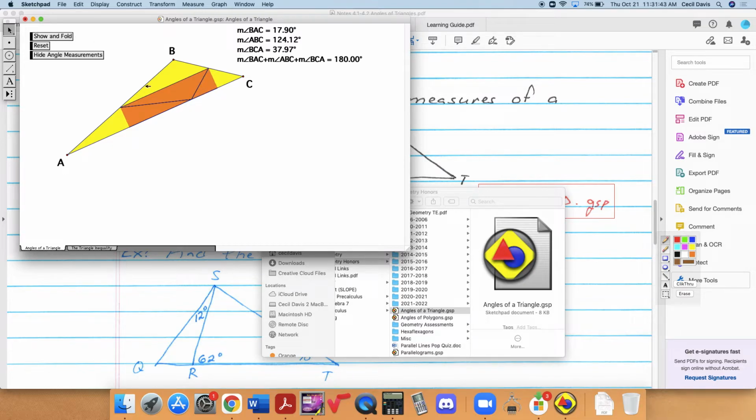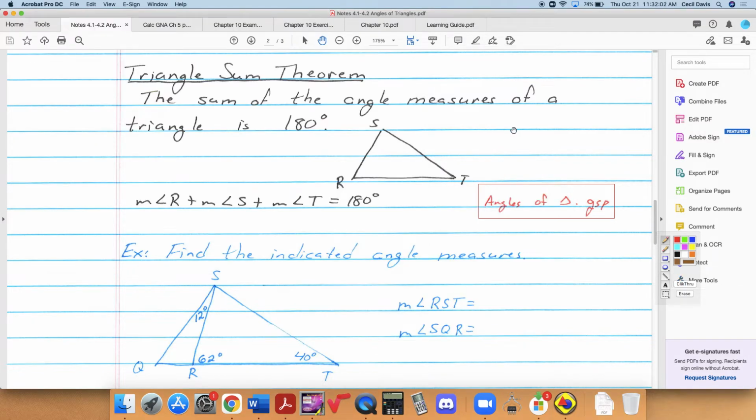And now you can see these three angles together make a straight angle, so that's 180 degrees. Who figured that out? Who had time and the will and the idea? Who figured why? Originally, I don't know. Someone extra smart. Not you. All right, moving on.